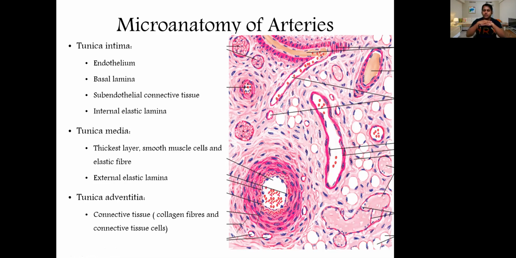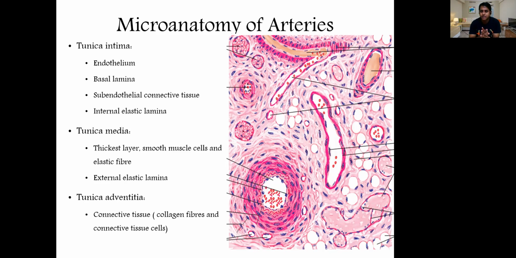Now, in a few books, you may come across the word basal lamina. So basal lamina is one of the components of the basement membrane. The basement membrane is divided into the basal lamina and reticular lamina. That was the electron microscopic feature of the basement membrane.